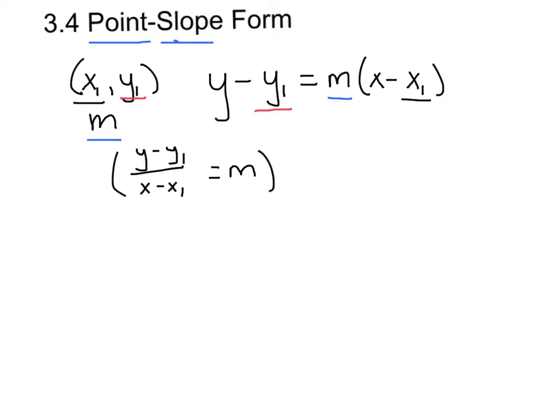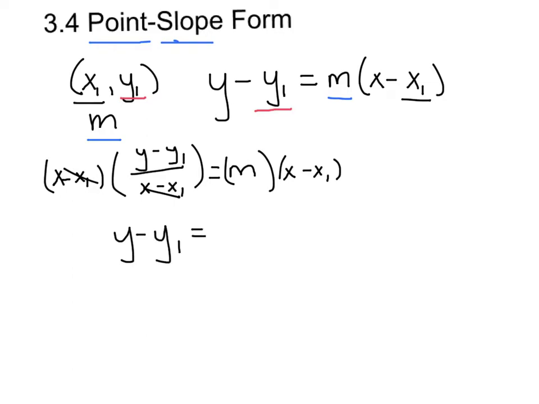The opposite of dividing by all of this is multiplying by all of this. So watch what happens. These cancel. You're left with y minus y1 equals m times x minus x sub 1, which is the same thing as point-slope form. So let's do some examples using it.